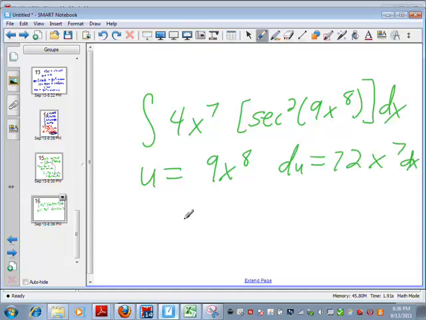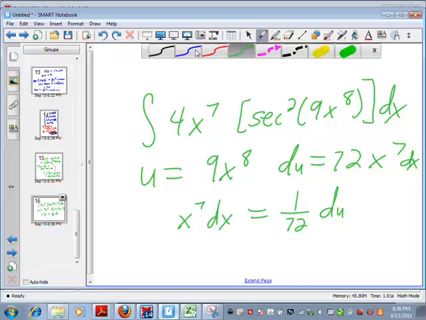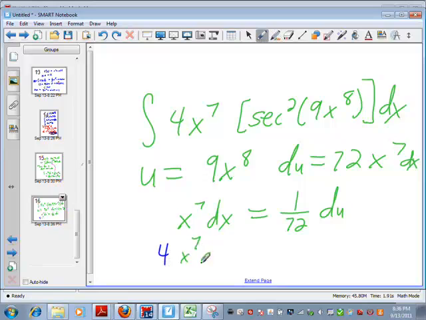The remark is that x to the 7th dx is then 1 over 72 du, dividing both sides by 72. But I really want a 4 there, so I'll put a 4 there in a different color. So 4x to the 7th dx is equal to 4 over 72 du.